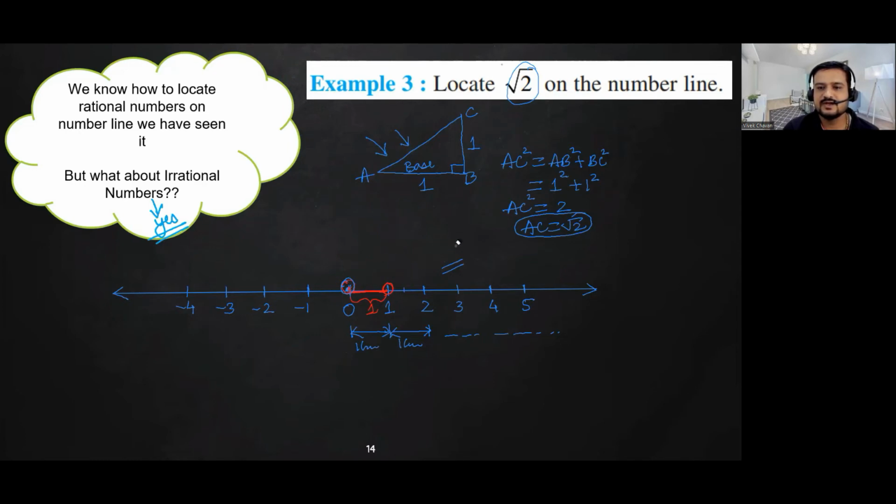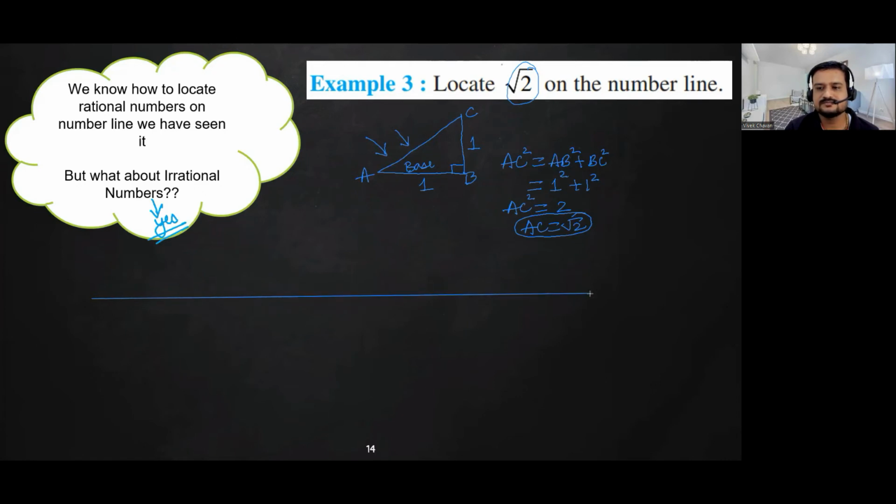So again I'll explain this process of how to draw it on the number line. Again I'll repeat it one more time so that it will be more clear to everyone. First draw the rough figure, there is no problem in drawing it. Okay, then draw a line, this line will be a number line.